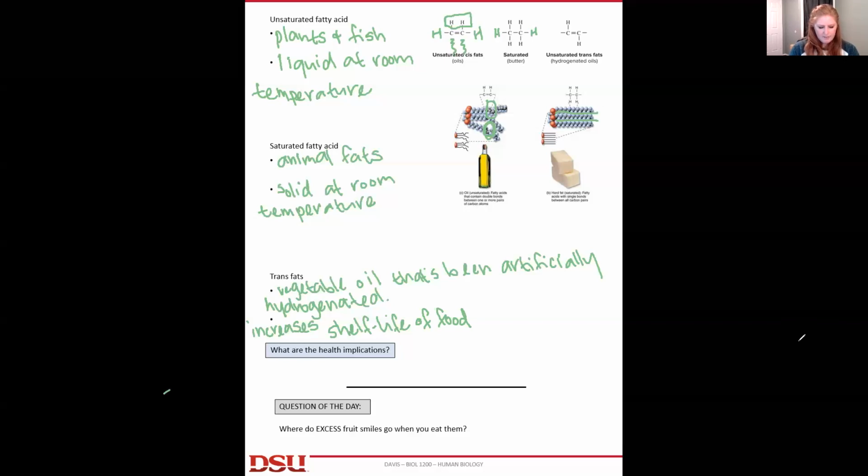Okay, let's continue. So health implications of this, we've kind of talked about it, but the fact that you're taking something that's been a liquid, you're forcing it to become a saturated fat, these are what have more of the propensity towards clogging arteries.